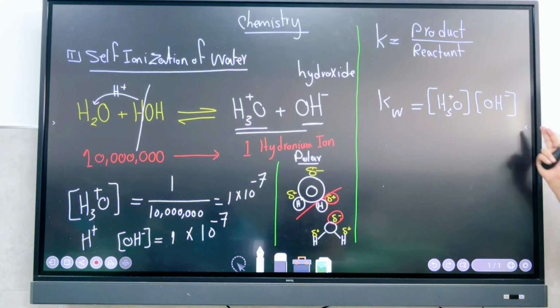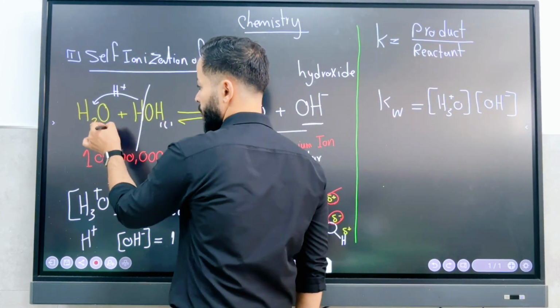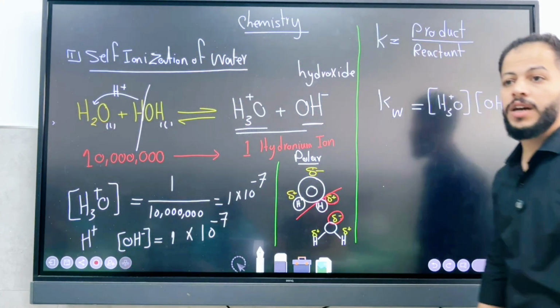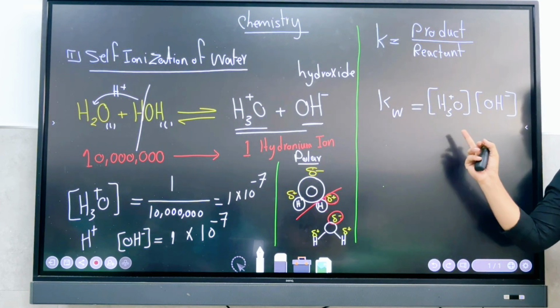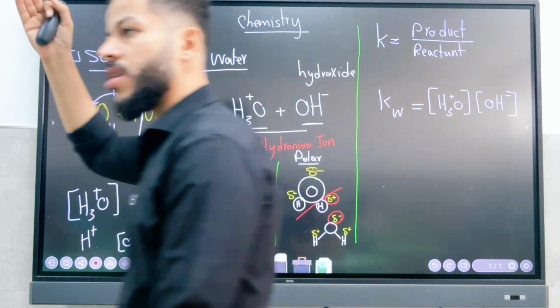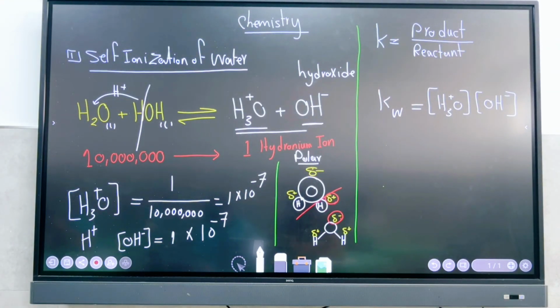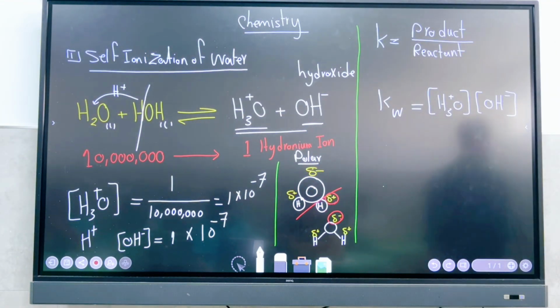But in the reactant we have liquid water, so we don't include it in the equation, because water has a constant concentration whether its quantity changes or not. So it's considered a constant, like the solid substances, as in the chocolate example I gave you. Okay? Easy?